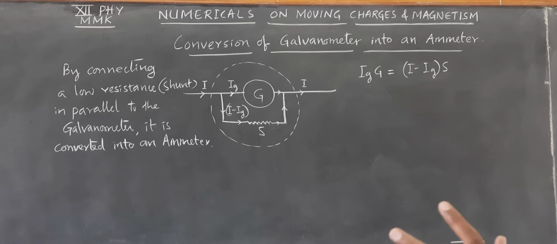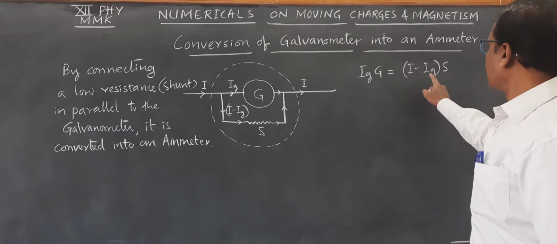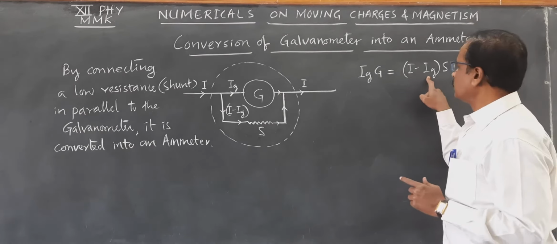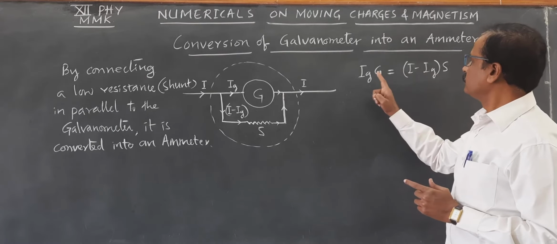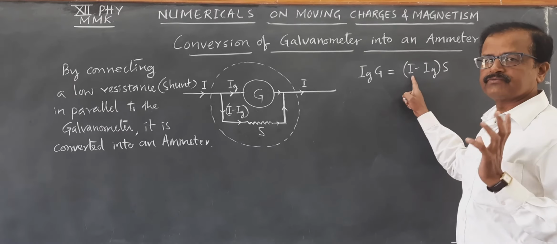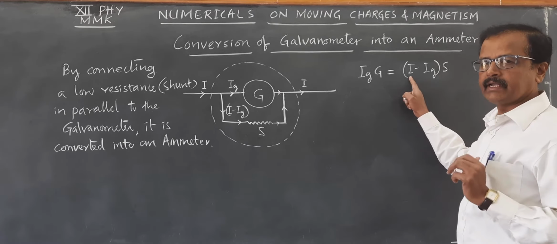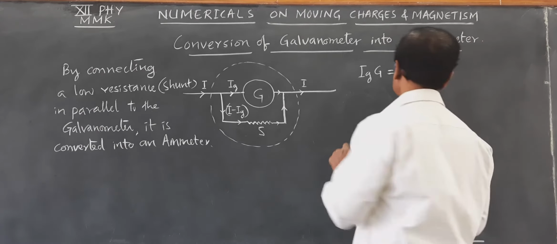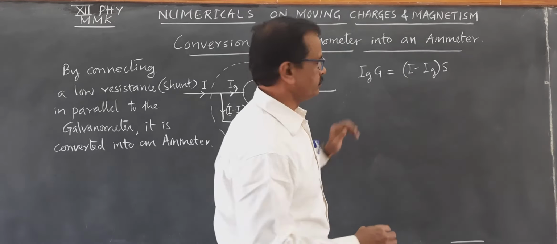Question will usually be asked: a galvanometer which can read full scale deflection for small current Ig, how can it be converted into an ammeter which can show full scale deflection for a given maximum current I? So one has to find out the value of shunt resistance. So I have to find out S value.